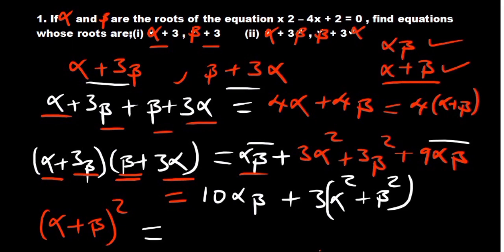Expand that, it's going to be alpha by alpha, it's going to be alpha squared, then alpha by beta is going to be alpha beta, repeated to give 2 alpha beta, plus beta squared. So then what do we have in brackets? In brackets what we have is alpha squared and beta squared. So we want to make it the subject of that.